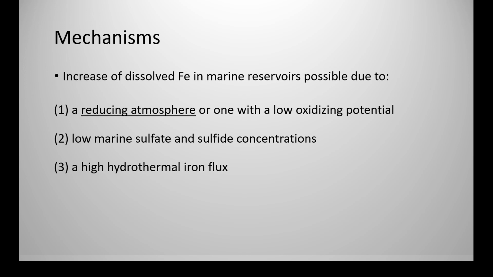Talking about mechanisms, how did we have this large increase of dissolved iron in marine reservoirs? There are three possibilities. Number one, in a reducing atmosphere, there could be one with a low oxidizing potential. This would allow for a lot of dissolved iron to be taken and put into these marine reservoirs.